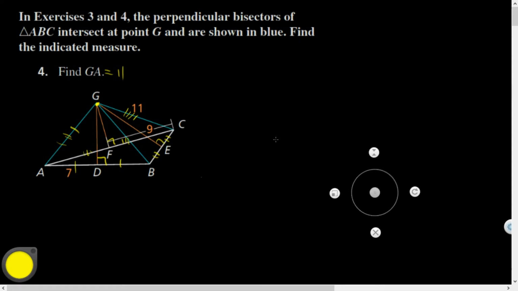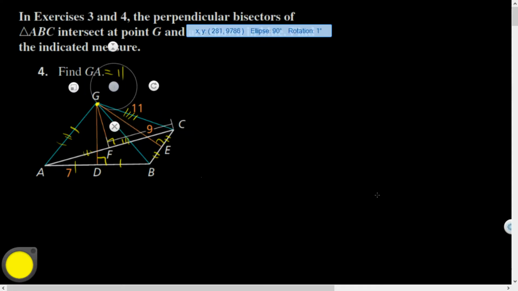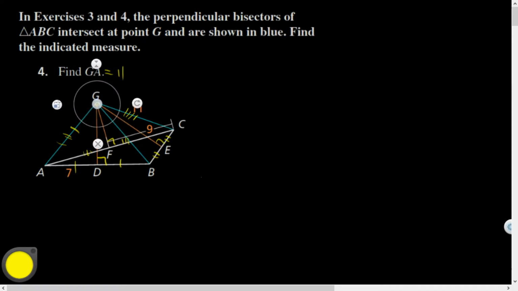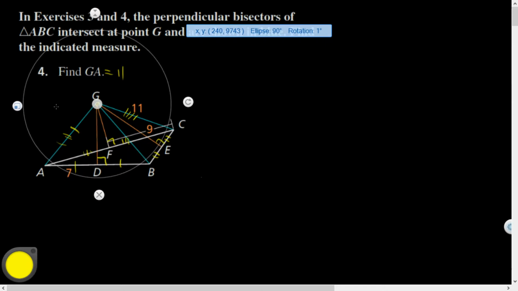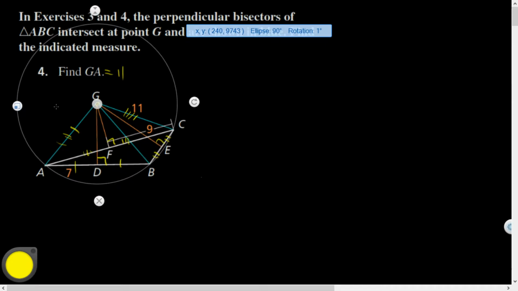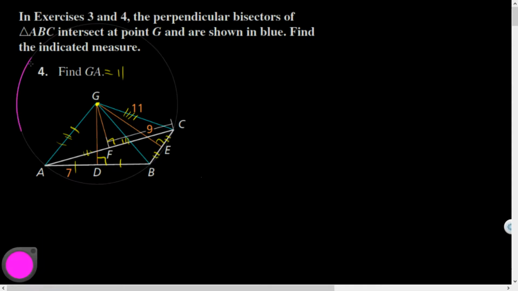Just to show that those are in fact equidistant, I don't believe I've changed the scale of this picture. If I draw the circle here, notice that it does hit all 3 points, which is a visual verification that all 3 of these blue segments, which were formerly red, are in fact radii and equidistant.